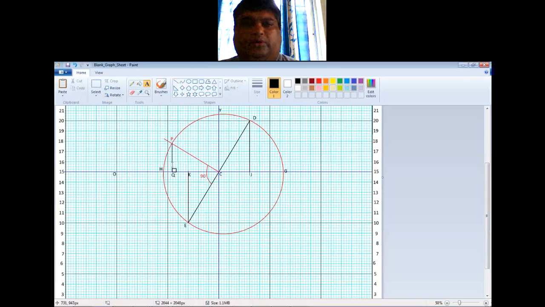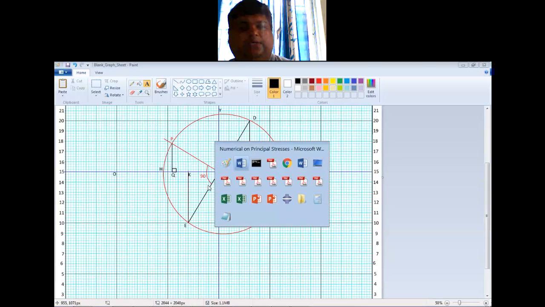Now, if you go on shifting this point and bring it along such that CP is on the x-axis, then the shear stress will be 0. Now, if you move this point towards right, and if P comes to Y, that is the maximum value of shear stress you can have, right? So that is why I said the radius of the circle is the shear stress.